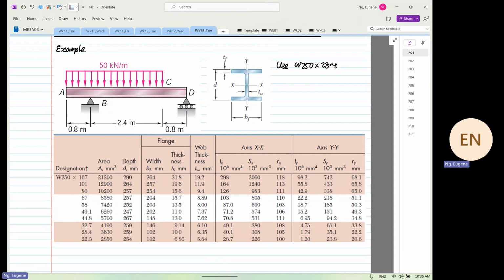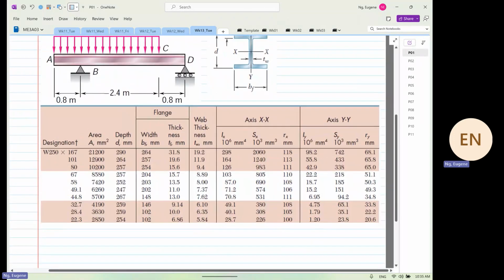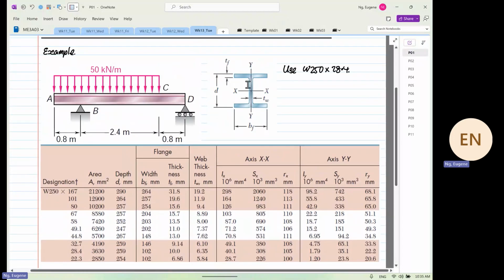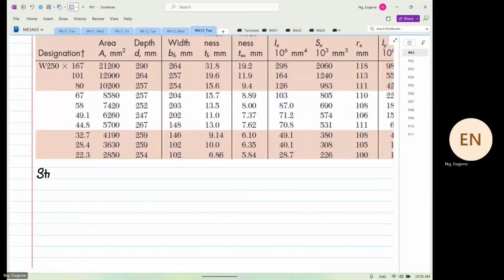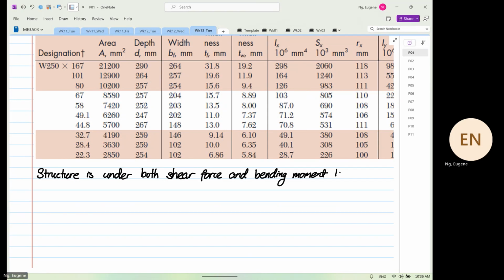So if you were to look at the cross section, but before I go on, we know that this structure is under both shear force and bending moment loading. Okay, we are aware of that, right?